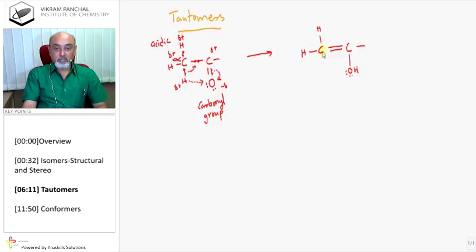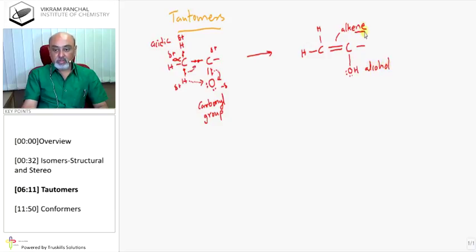So this kind of compound is produced from carbonyl group, and here there are two functional groups. A double bond is alkene, and OH group means alcohol.